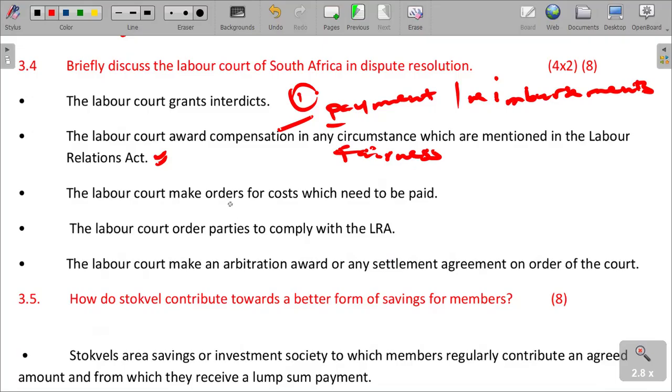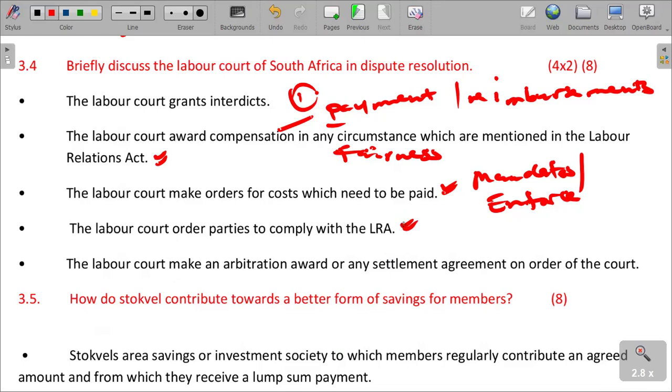The Labour Court makes orders for costs which need to be paid. They give mandates for payments, they enforce payments, enforce orders for costs which need to be paid, and the Labour Court also orders parties to comply with the Labour Relations Act.